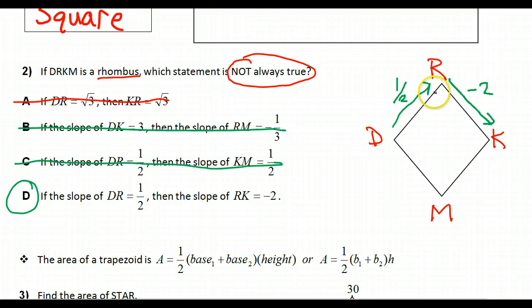Well, that would mean that this is a 90-degree angle right here. If this is a rhombus, is this always going to be 90 degrees? No. That's only if it's a square. And it's not necessarily a square, it's just a rhombus. So this will not always be true because it's not a square. So D is the answer because that's the one that's not always true.